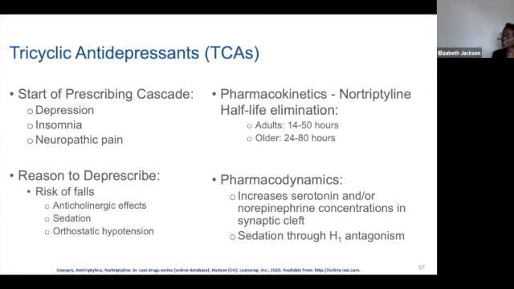This drug increases serotonin and/or norepinephrine concentrations in the synaptic cleft, and this drug does cause sedation. The reason to deprescribe this drug would be risk of falls. There are anticholinergic effects, there's sedation, and there's orthostatic hypotension. Going on to the next slide, please.